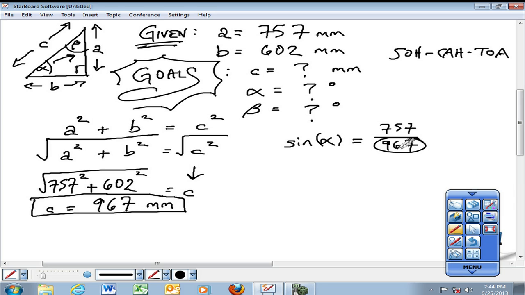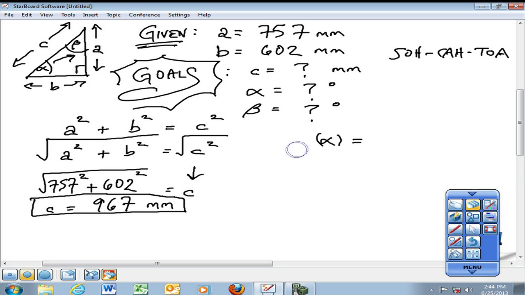Now you're walking into this goal, alpha, with an incorrect hypotenuse. Even though opposite divided by hypotenuse is correct, that's not the route you want to go, because then your alpha could be incorrect. So with that said, what if we went this route?